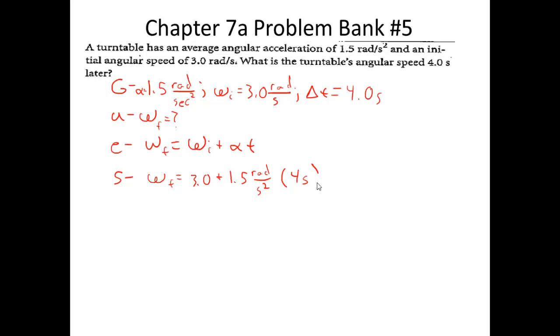We see here that our seconds squared and our seconds are going to cancel. So we have 3 radians per second plus another 6 radians per second.